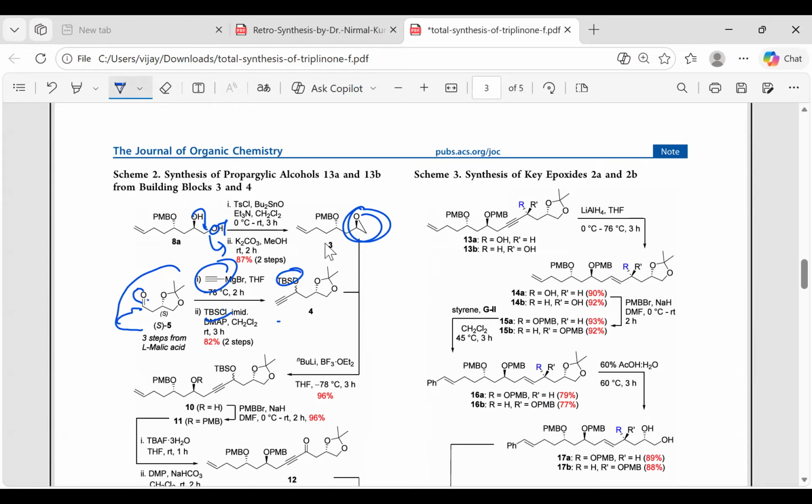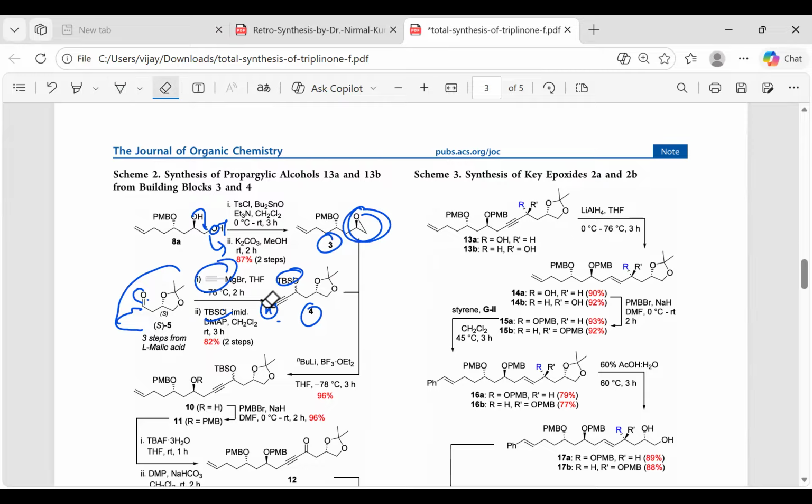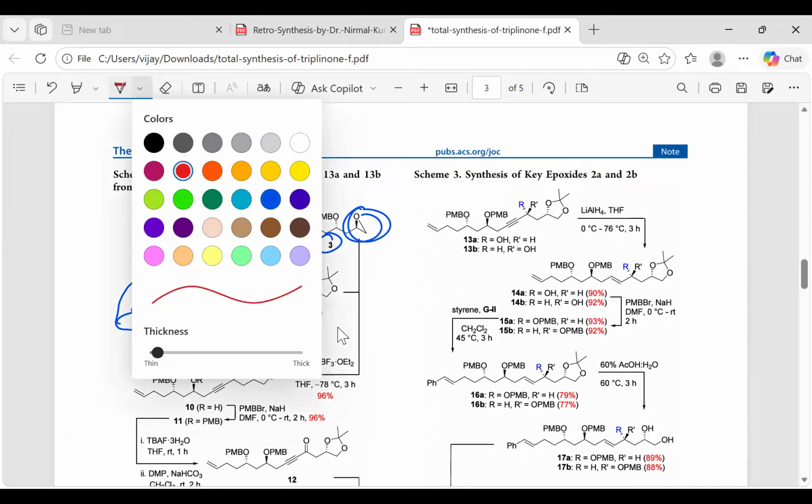Then if you look here, they have coupled compound 3 and 4 together. This is the terminal alkyne, and it has this acidic proton. Once this acidic proton is abstracted by butyl lithium, what will form? It will form this carbanion. Once it forms this carbanion, what will it do?